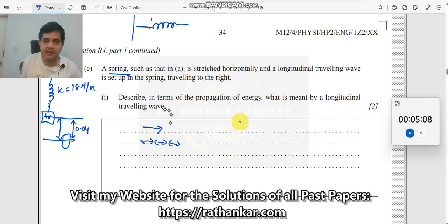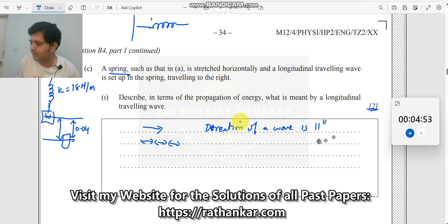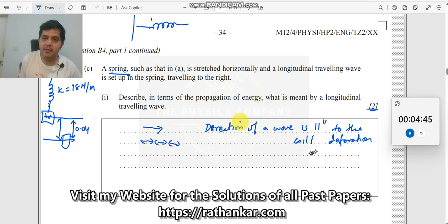So first, because it is for 2 marks, describe what is meant by a longitudinal wave. You say that the direction of the wave is parallel to the coil's deformation in the spring.